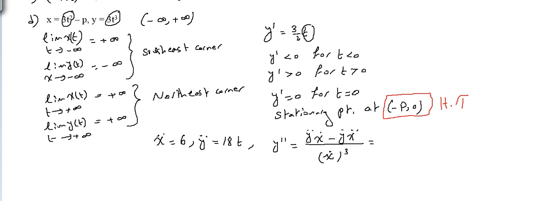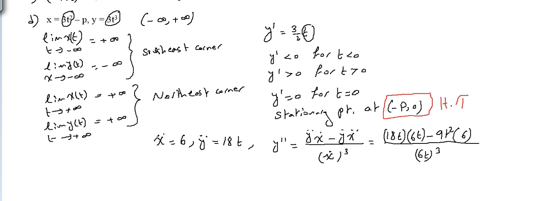That is 18t times 6t minus 9t squared times 6, over 6t to the power 3.